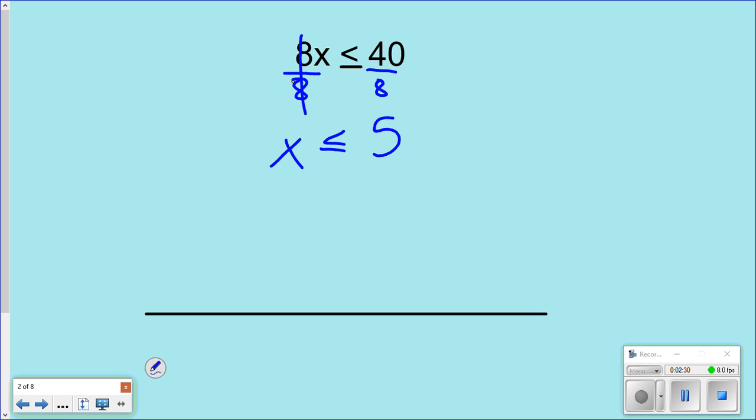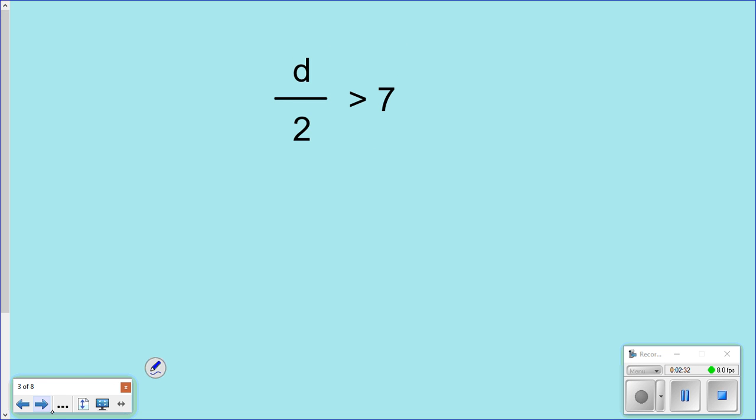Let's go to one that's like this. Okay, d divided by 2 is greater than 7. So, if I have division here, what do I have to do to undo it? Landon? Okay, so I'm going to multiply by 2. Cancels out. If I do it on this side, it's got to happen over here. 14. I have d is greater than 14.